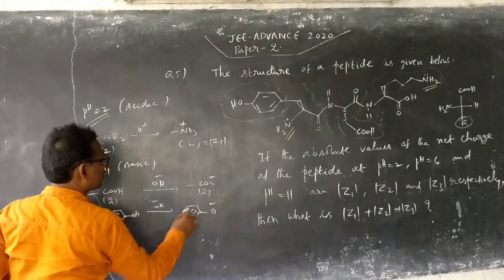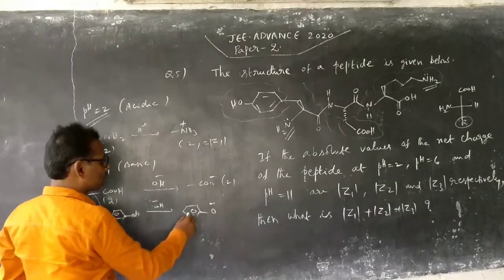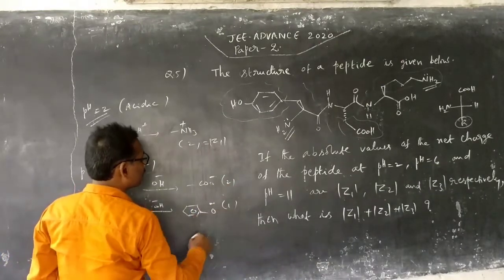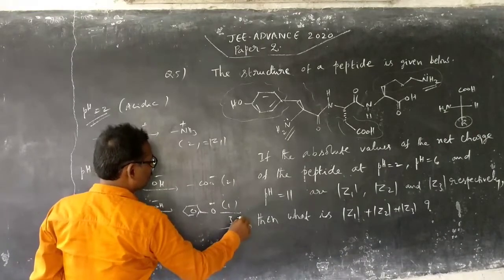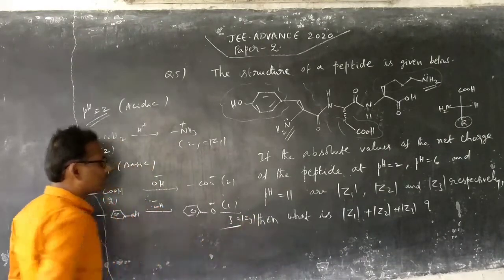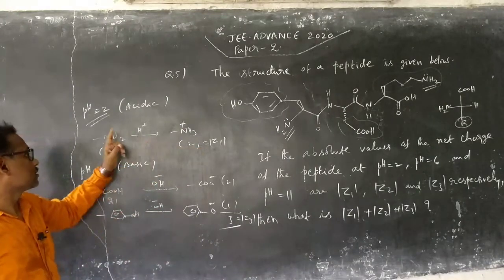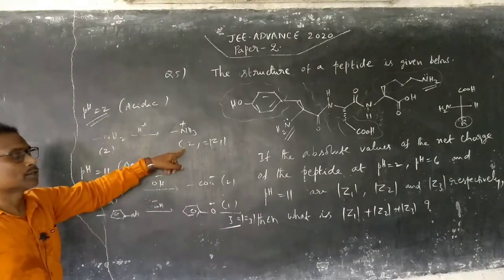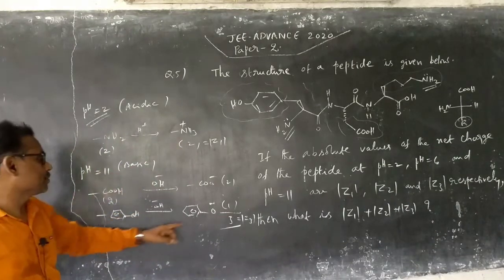Because of the carboxylates there are 2 units of negative charge, and because of the phenoxide 1 unit, so the overall charge is Z3, which is 3 units. Z1, the net charge in acidic medium, is 2 units, and the net charge in basic medium is 3 units.